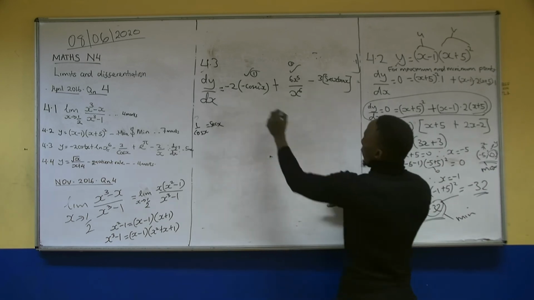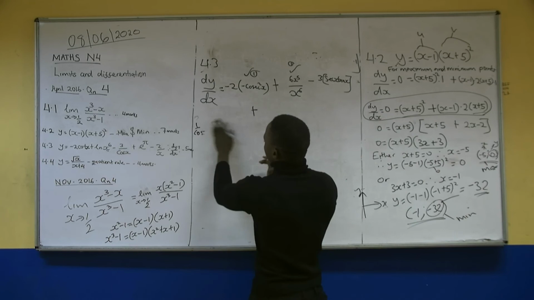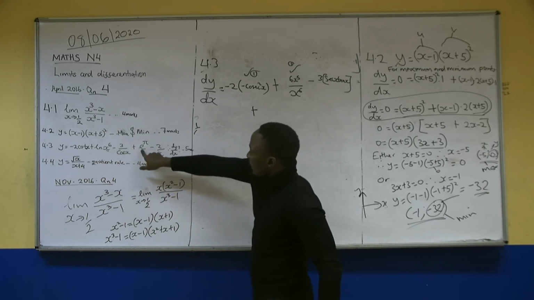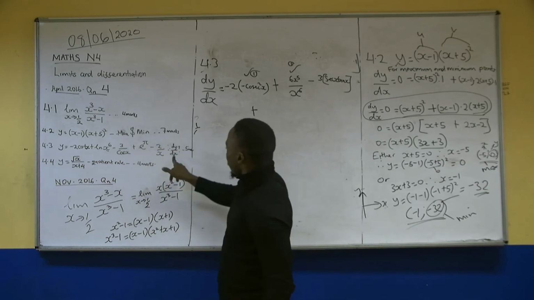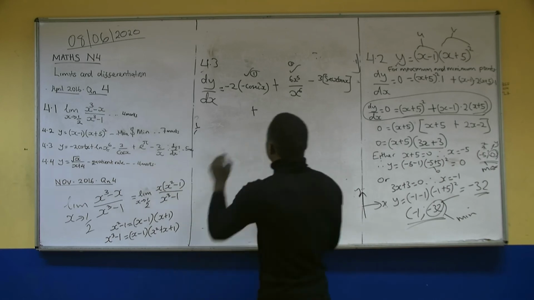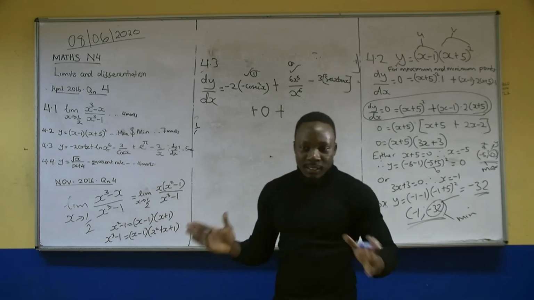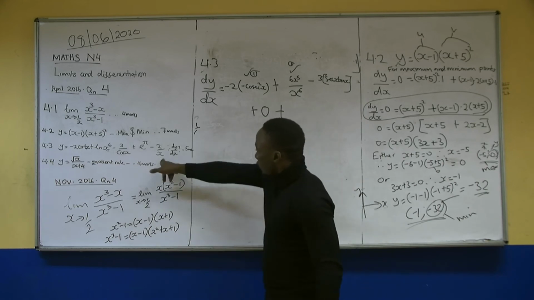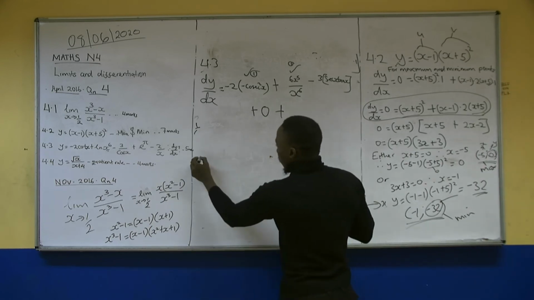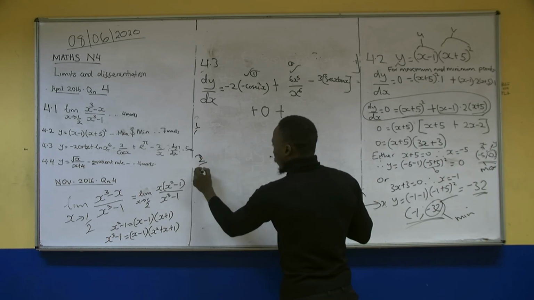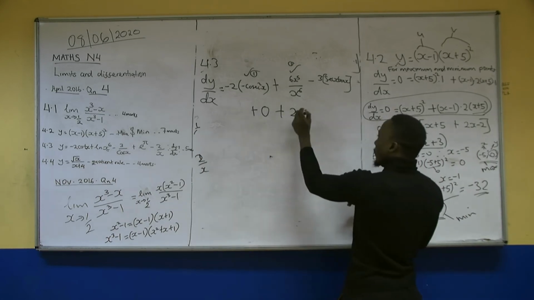Plus, now e to power pi is a constant, and we are differentiating with respect to x, so it is 0, because if you differentiate a constant, you get 0.